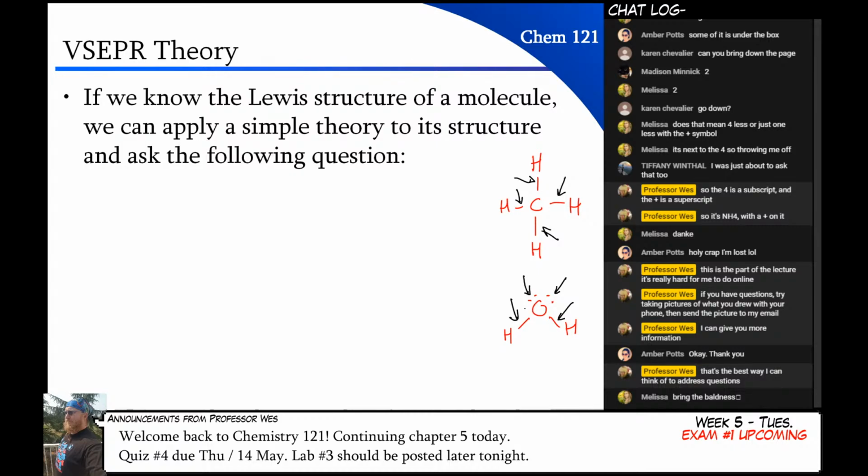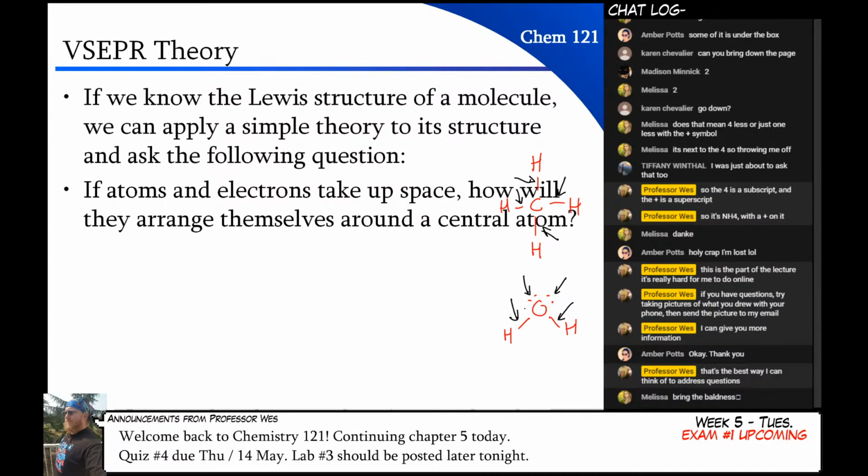Everything is all electrons in this structure. Okay, well, with that consideration, where are the electrons around the atom if the electrons take up space? And unfortunately, I have to erase one of my structures here because you can't see all of the text here.